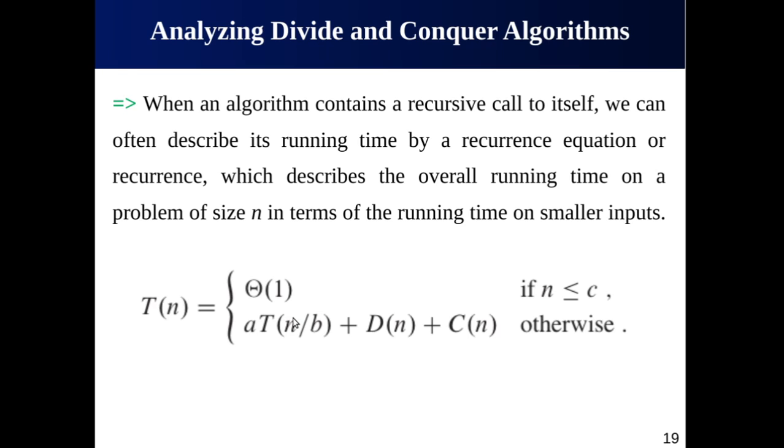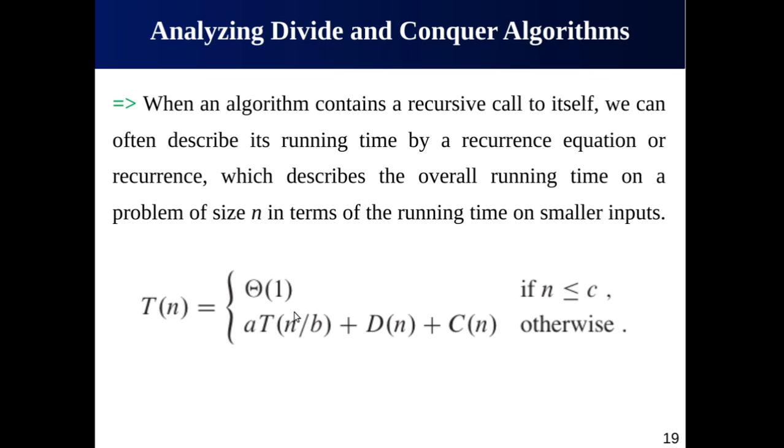We can say that it will take T of n by b to solve one subproblem of size n by b, and a is the number of subproblems derived from the main problem.